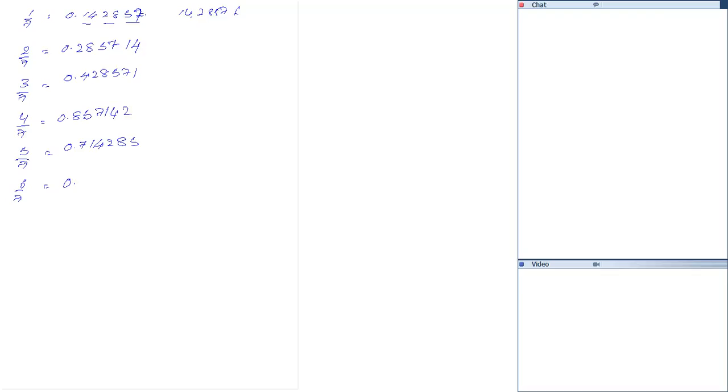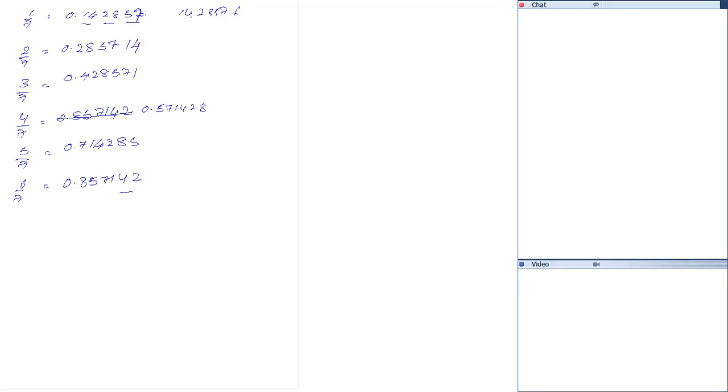What is 14 times 6? 84. So what is the next number? 85714. Yes, 4 by 7 was wrong; 4 by 7 is 0.571428. 6 by 7 is 0.857142. That makes sense.